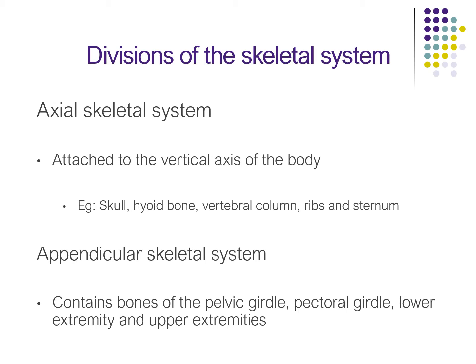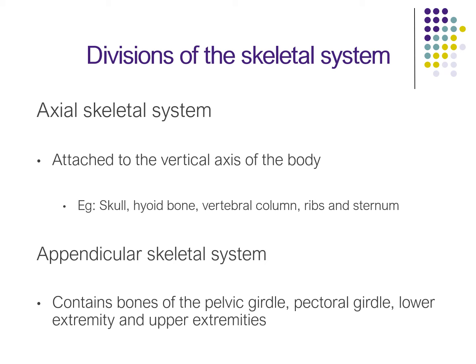The skeletal system is divided into 2 separate sections. The axial system is basically your core area. It is your skull, the hyoid bone, which is the bone within the neck that is floating, your vertebral column, ribs, and sternum.